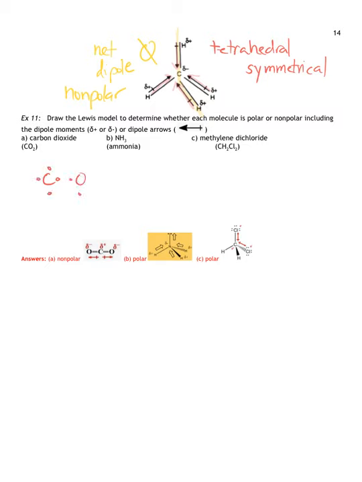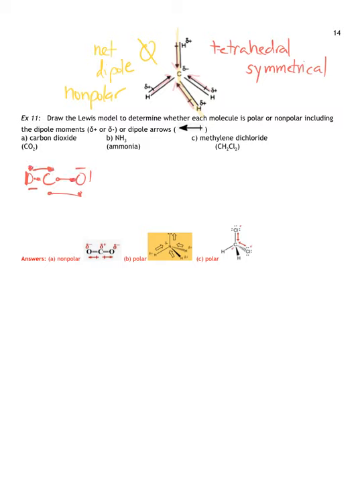At this point, you should be feeling pretty comfortable and good about drawing your Lewis structures. I'm out of room over here, so just know that there's a line over there on that side. I'm going to single bond first, and then I realize that there are double bonds. So this is carbon dioxide.